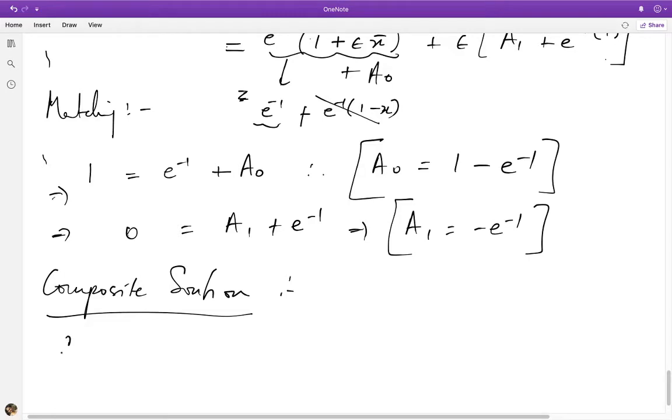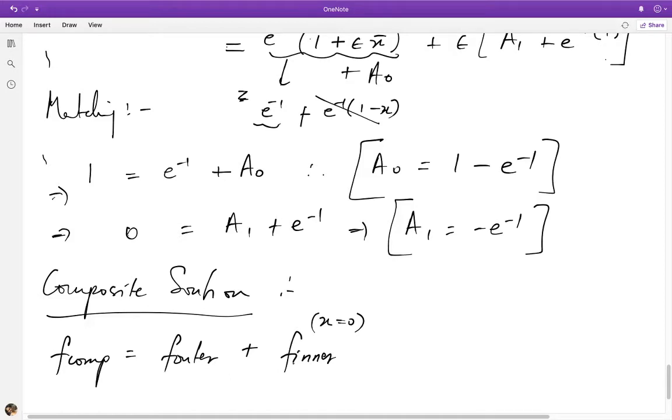This composite solution is equal to the outer solution, and then we add to that information of the inner solution, which gives us the inner boundary structure. But we know the inner solution is near x equal to 0, that's the only place we had a boundary layer. As its argument goes towards the core, it already reproduces part of the core solution.